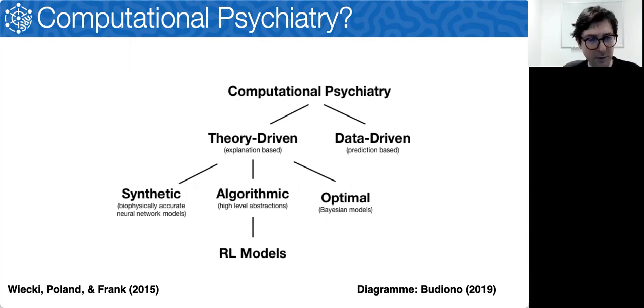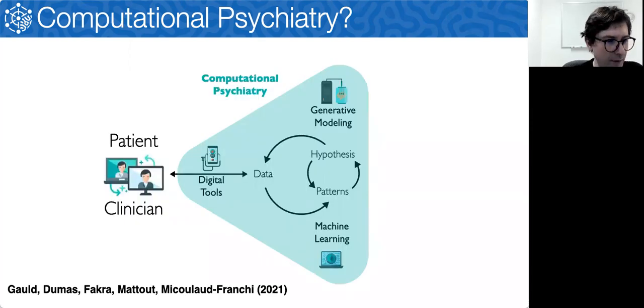And on the data-driven, the other side, you are making prediction based on data and existing databases without any prior hypothesis. In our case, we even see a third culture of computational psychiatry on top of those two generative model and machine learning approach.